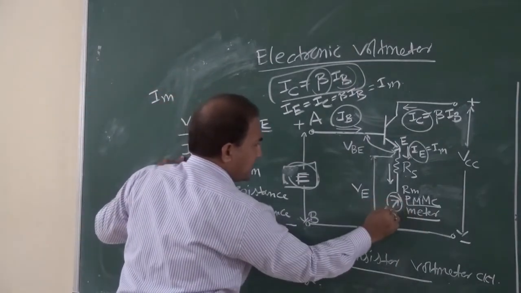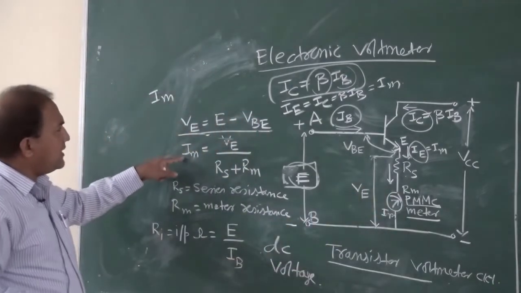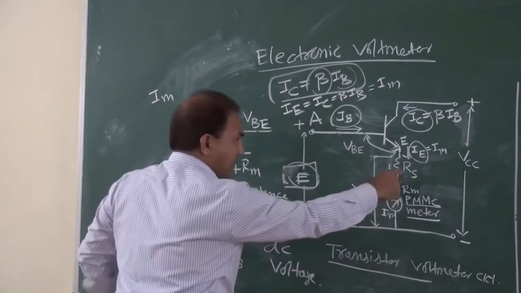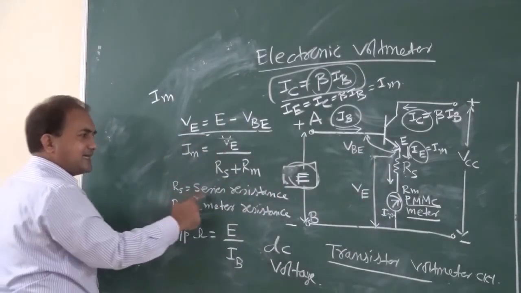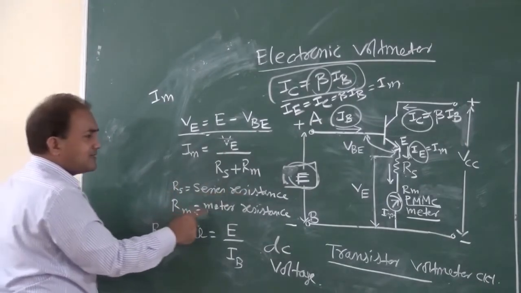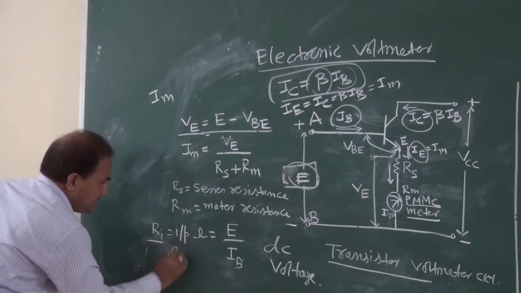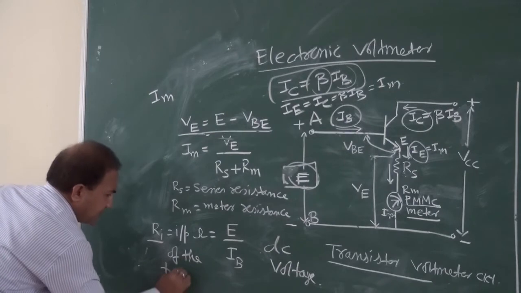IM is the current flowing in the PMMC meter. It is equal to VE, this voltage drop, divided by RS plus RM, where RS is the series resistance and RM is the meter resistance. RI is the input resistance of this transistor voltmeter.